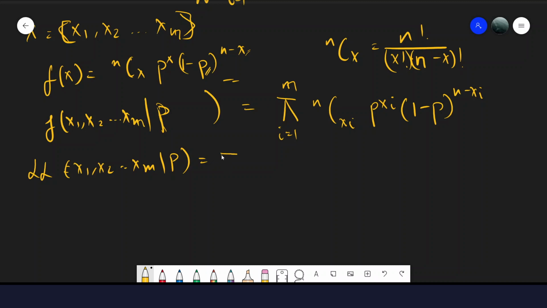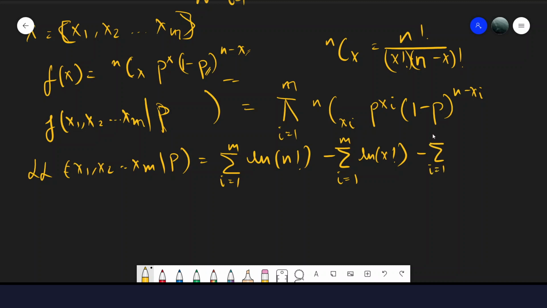I get sigma i equals 1 to m ln of N factorial, minus sigma i equals 1 to m ln of x factorial, minus sigma i equals 1 to m ln of (N minus x) factorial.